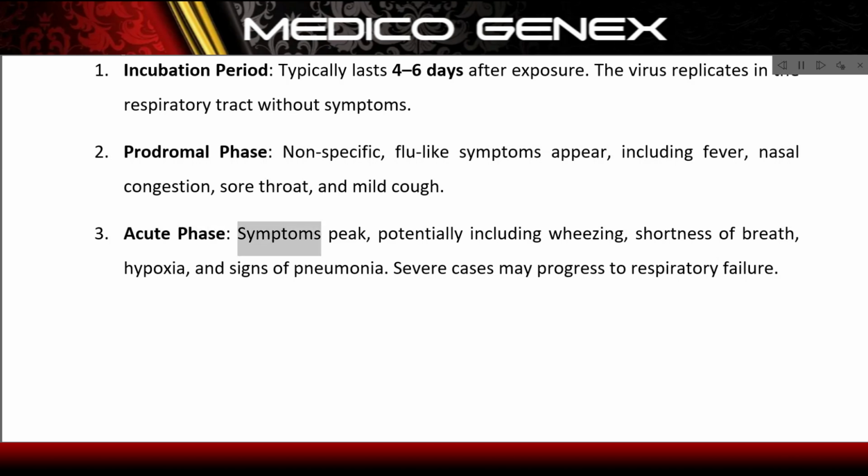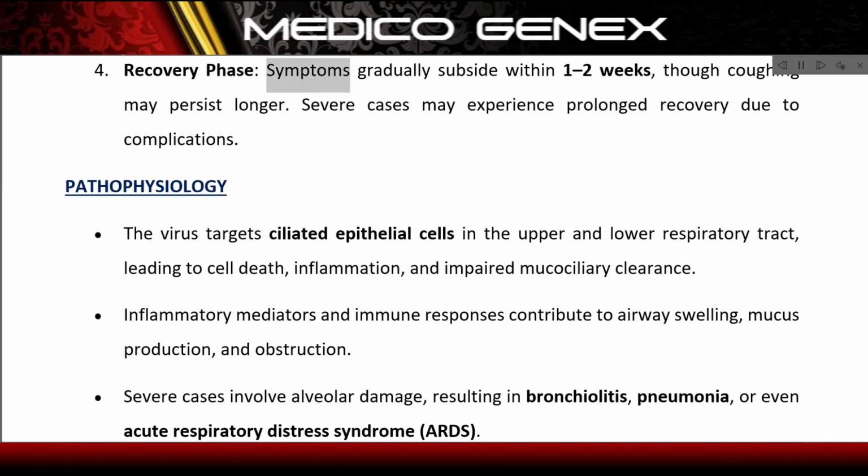Acute phase, symptoms peak, potentially including wheezing, shortness of breath, hypoxia, and signs of pneumonia. Severe cases may progress to respiratory failure. Recovery phase, symptoms gradually subside within 1 to 2 weeks, though coughing may persist longer. Severe cases may experience prolonged recovery due to complications.